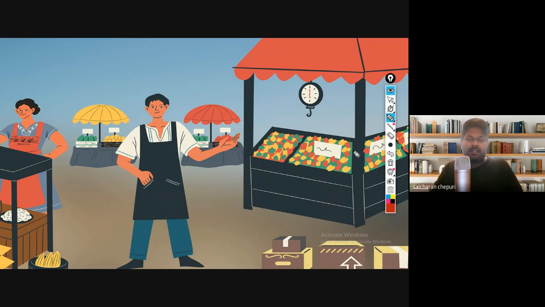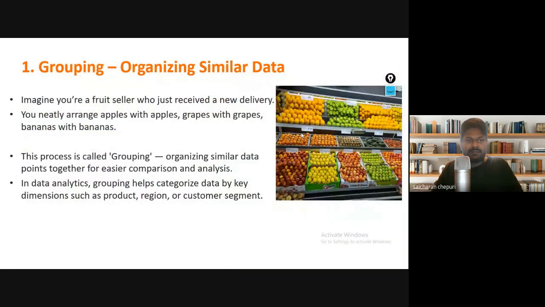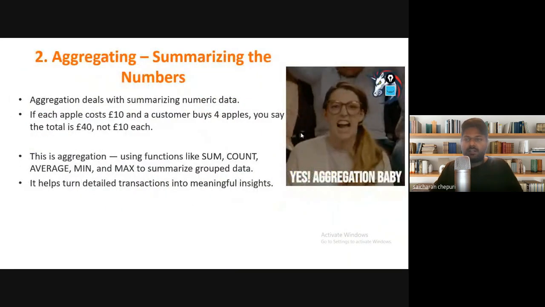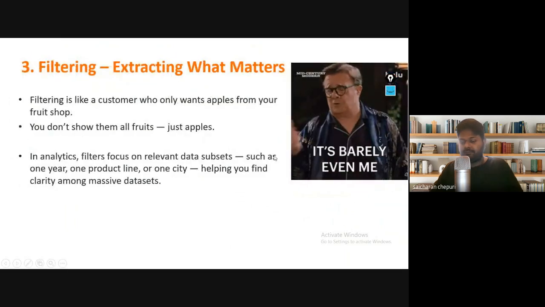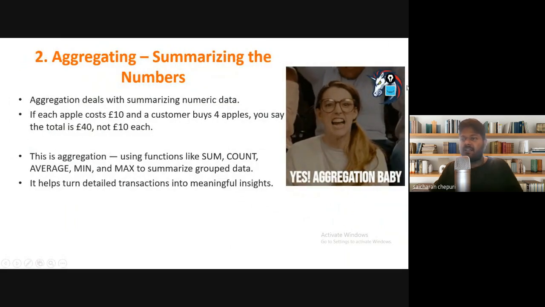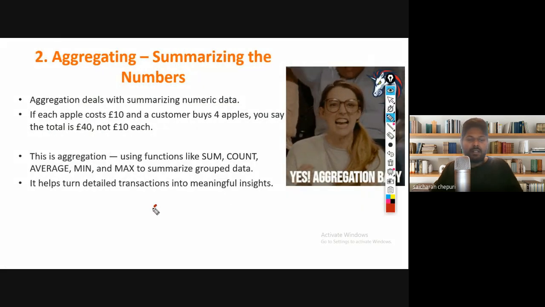And let's move on to the second part, aggregating. So what is aggregating? Let's understand what aggregating is. Aggregating is nothing but literally grouping. But in grouping, we are going to group dimensions.